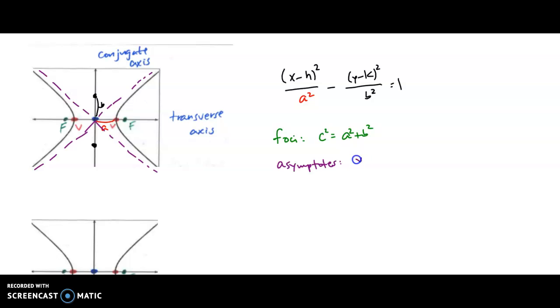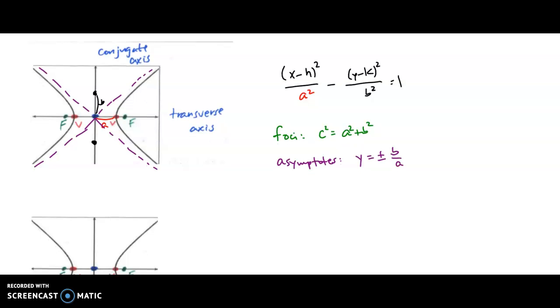The equation of the asymptotes are going to be y equals plus or minus b over a. I think this will make much more sense when we go through an example. So this is the equation when the parabolas open left and right.